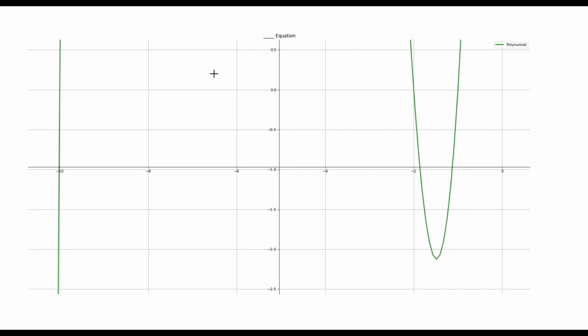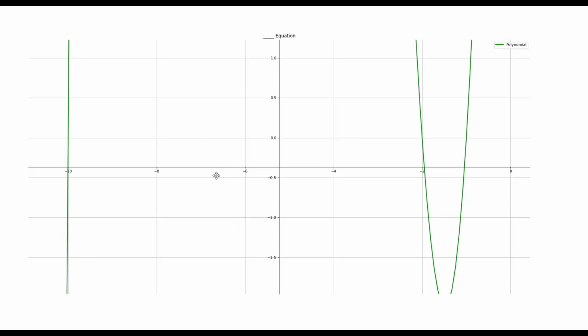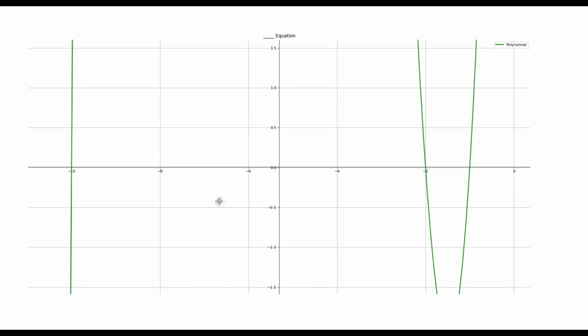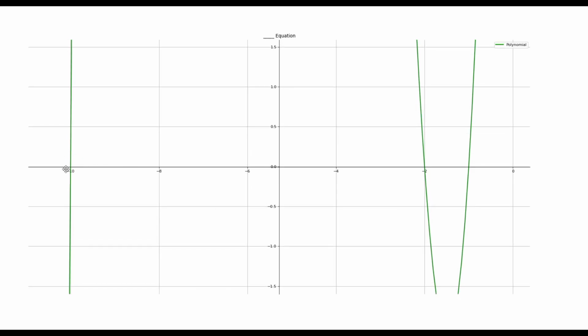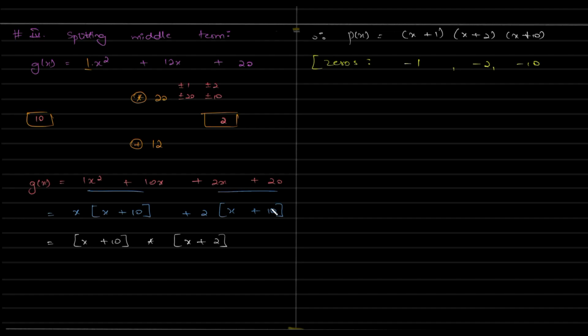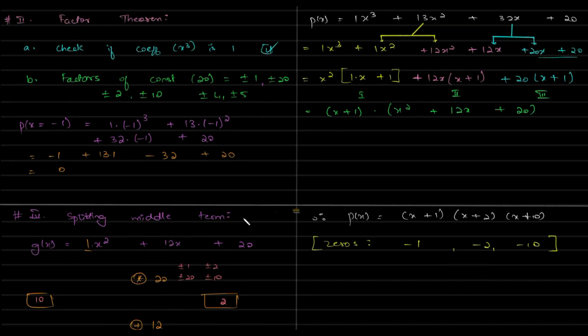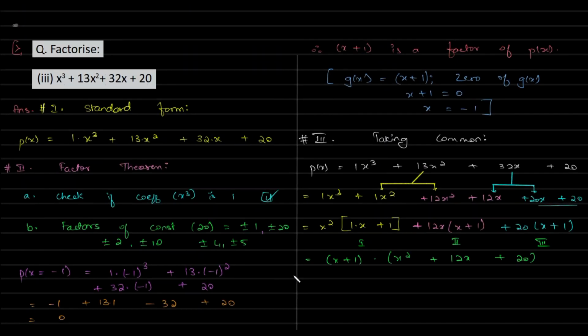Your x-axis is over here. So minus 10, minus 2, and this is between minus 2 and 0, so it's minus 1 itself. You can see the graph is going up, somewhere over there down, and up again. So it's crossing 3 different points and it's curving 2 times. Again, all this is extra knowledge and this is your answer.